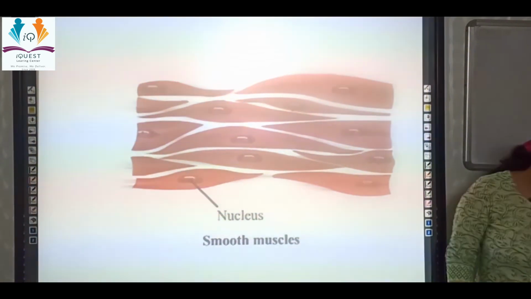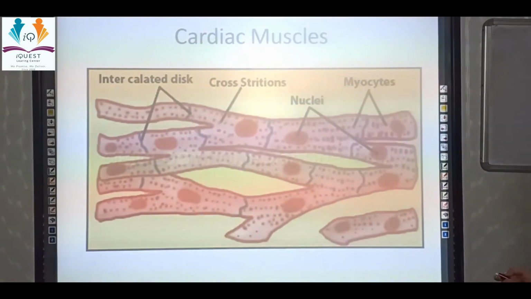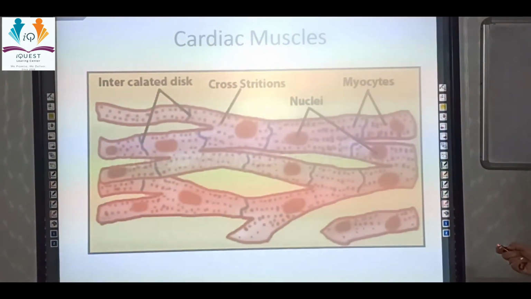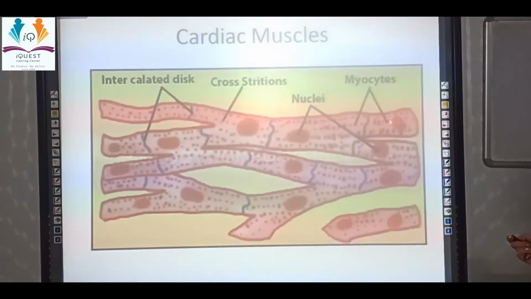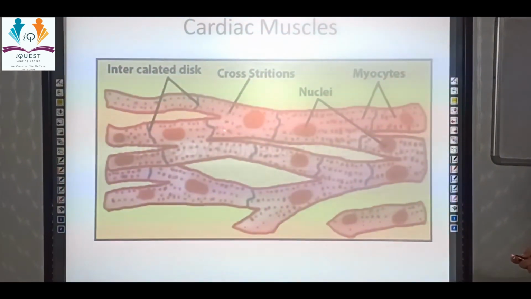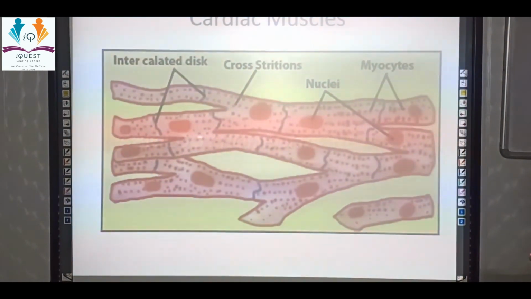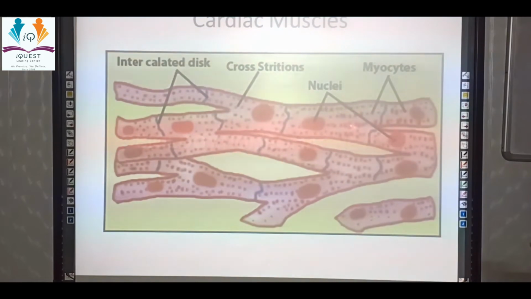That exception is the cardiac muscles. You have heard about the cardiologist? That is the doctor who treats heart patients. These are also a type of muscle. It has striations, but they are cross. It has branches. You can see the branches. These types of branches were absent in the smooth muscles.